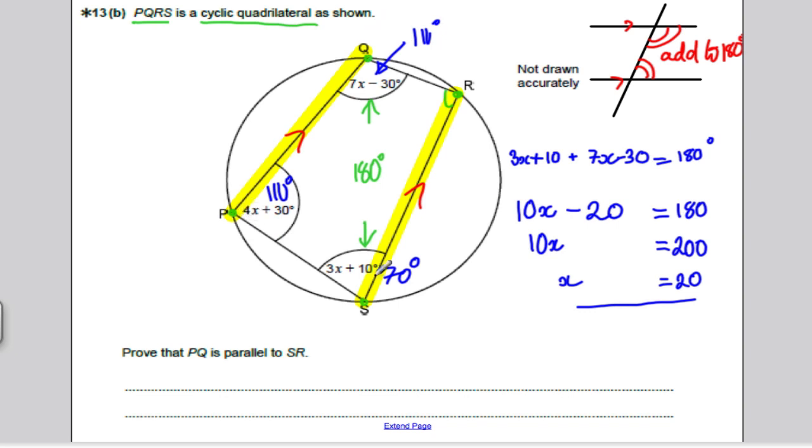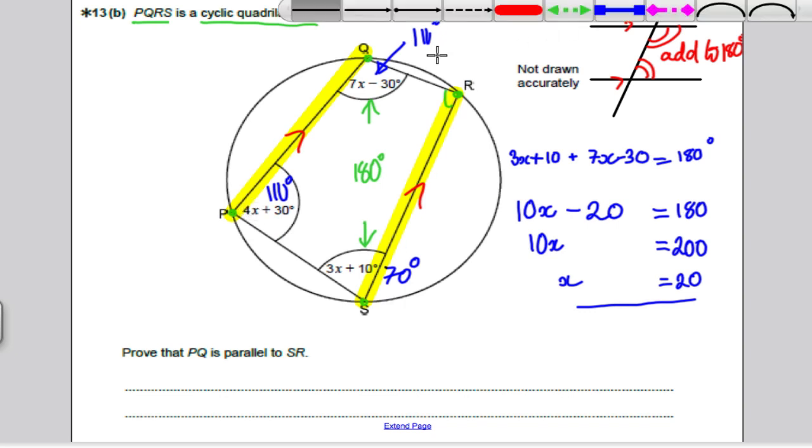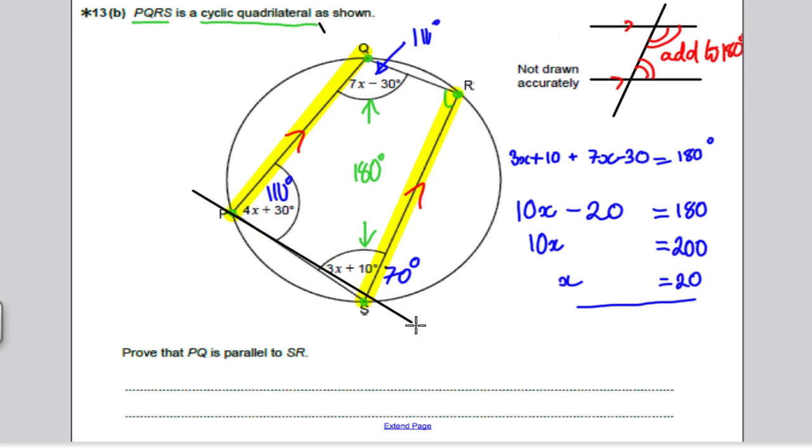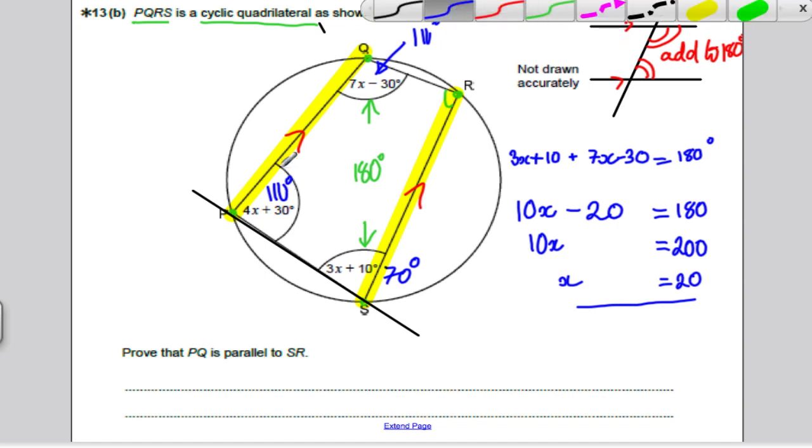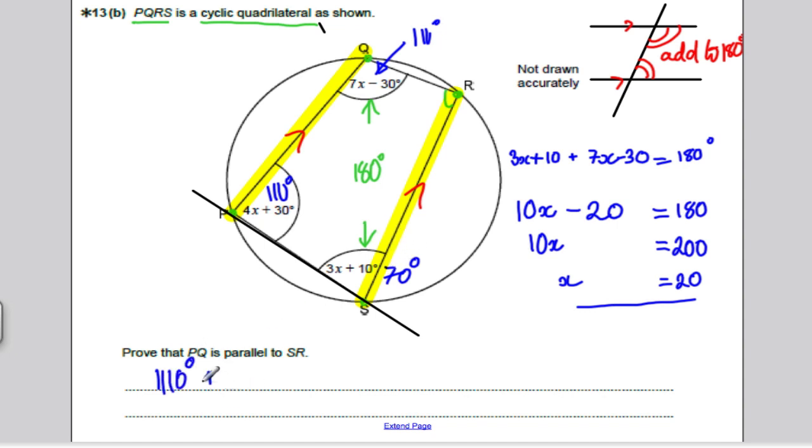Well look, if that one and that one were parallel, these two angles must add to 180. If they don't, they can't be interior angles and they can't be parallel lines. Now look, this we said was 110 plus the 70, and that adds to 180. Okay?